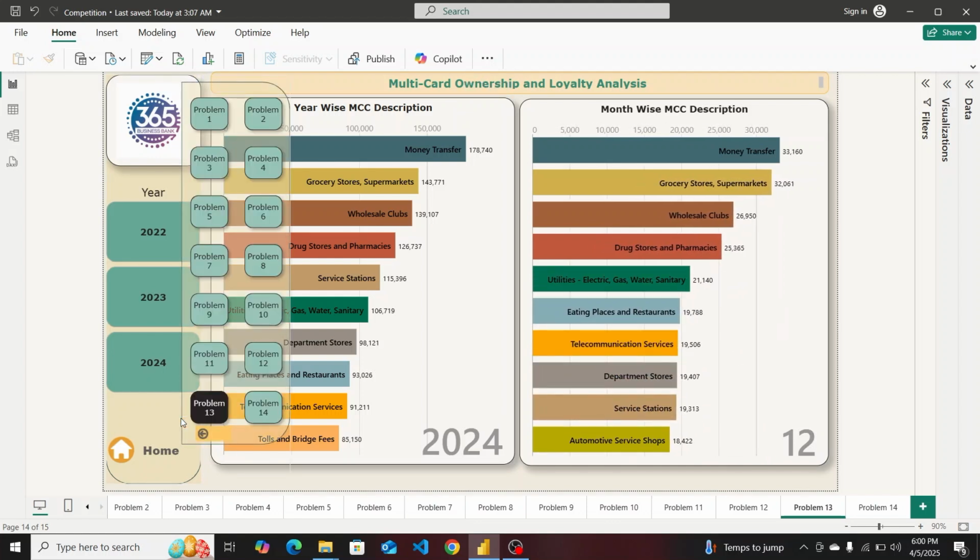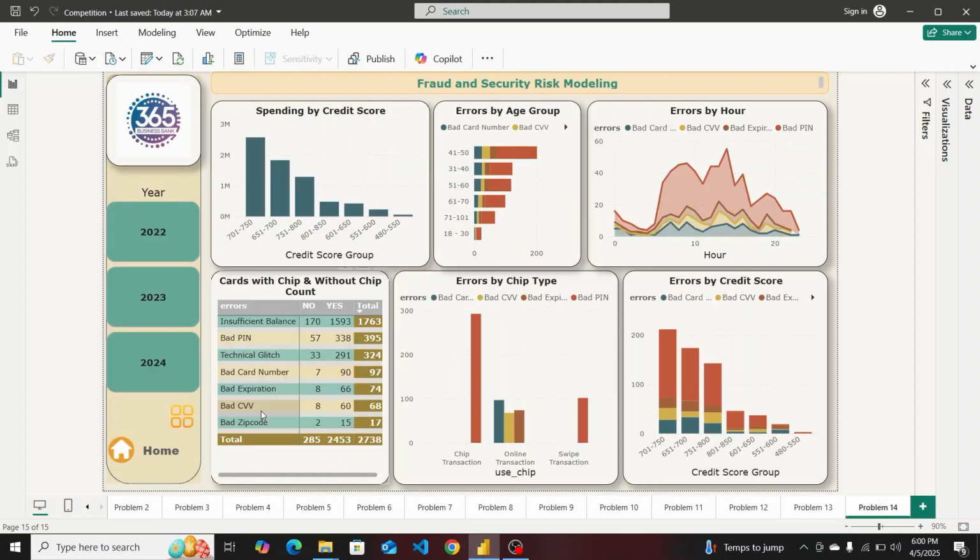Now let's jump to problem 14. This is problem 14, which is fraud and security risk modeling, in which I have analyzed that most of the count of errors has occurred between 6 a.m. to 6 p.m., with a spike between 7 a.m. to 3 p.m. A large number of bad pin counts occur between 7 a.m. and 3 p.m. I have investigated which age group has the most bad pins, and it has been seen that from 31 to 60 years, bad pin error occurs the most.